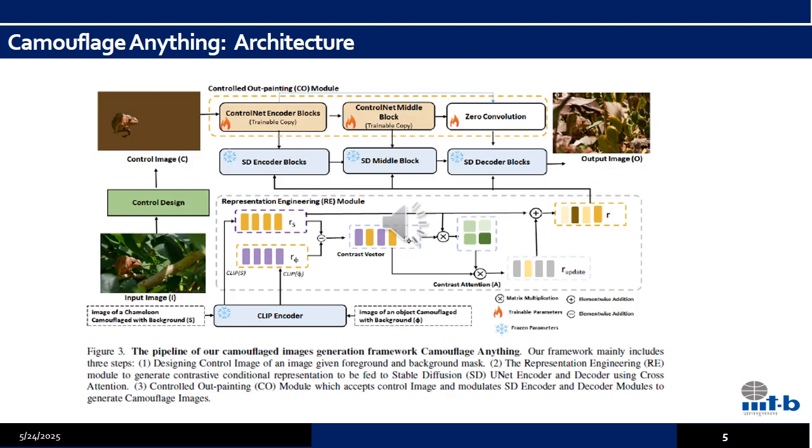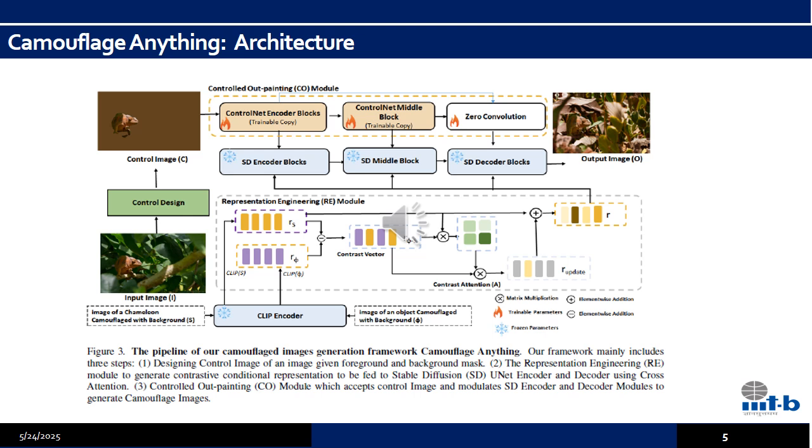In this slide, we present the architecture of Camouflage Anything, the pipeline of our camouflaged image generation framework. Our framework mainly includes three steps: designing a control image given the foreground and the background mask, which you can see as C in the main figure.